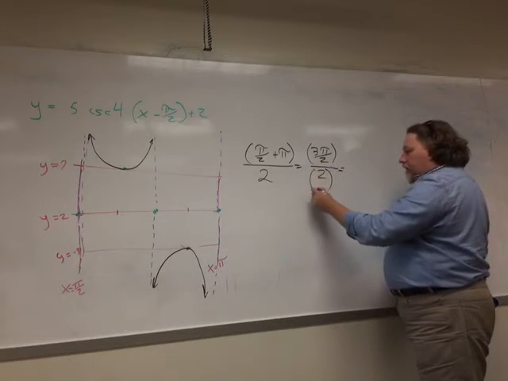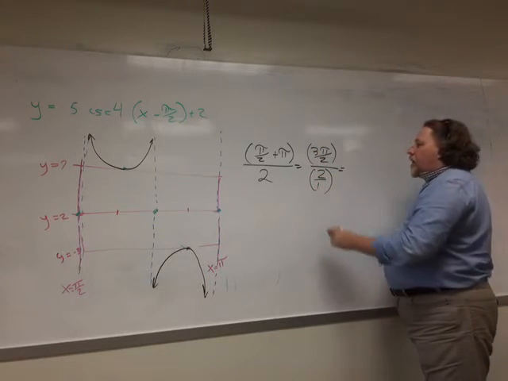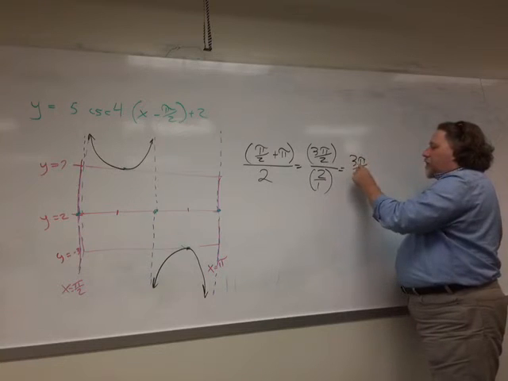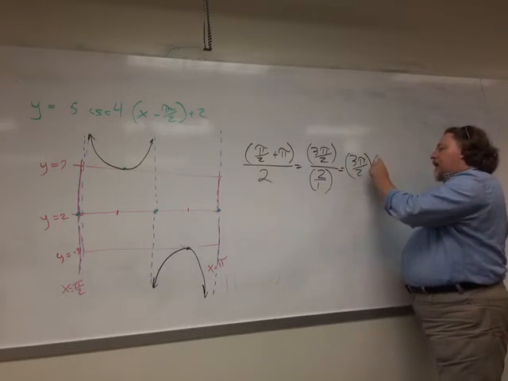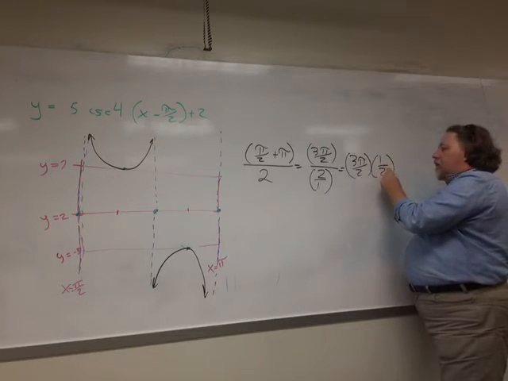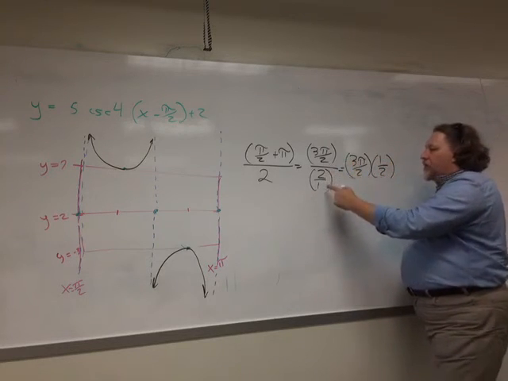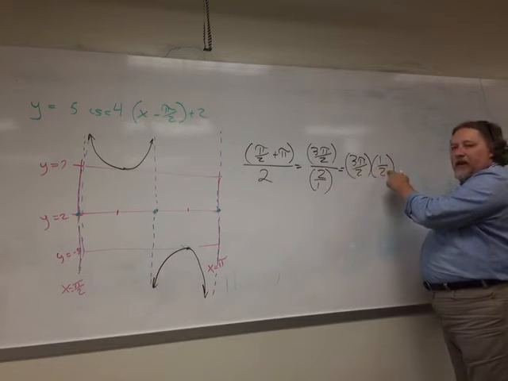Well, remember, you can think of that 2 as being 2 over 1. So this is 3 pi over 2 divided by 2 over 1. How do I divide by a fraction? I flip and multiply. So instead of 3 pi over 2 divided by 2, I'm going to think of it as 3 pi over 2 times 1/2.